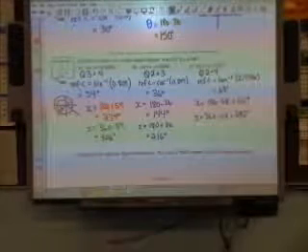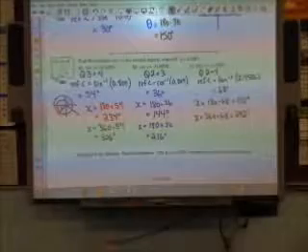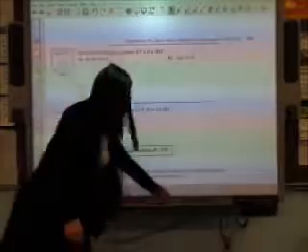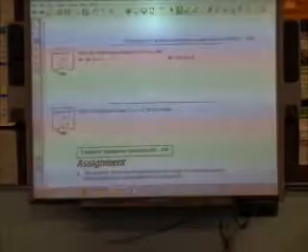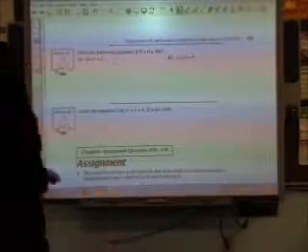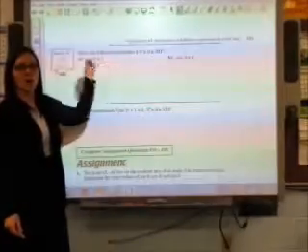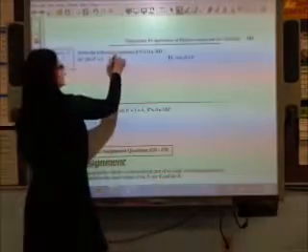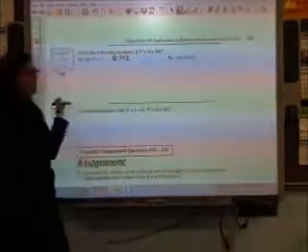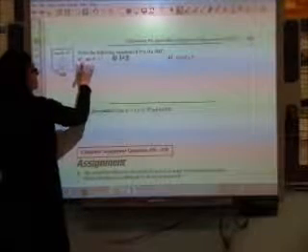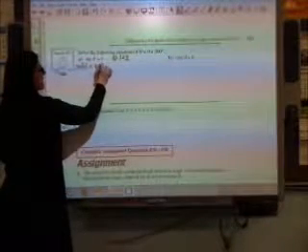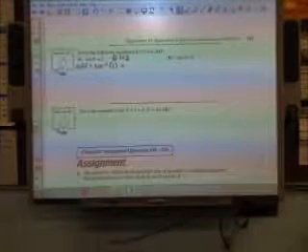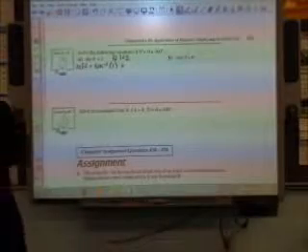Okay, 2 more questions. Sine theta equals 1. 1 is positive. Which quadrants would I be in? So now I calculate my reference angle. My reference angle would be sine inverse 1. And what is sine inverse 1? 90?